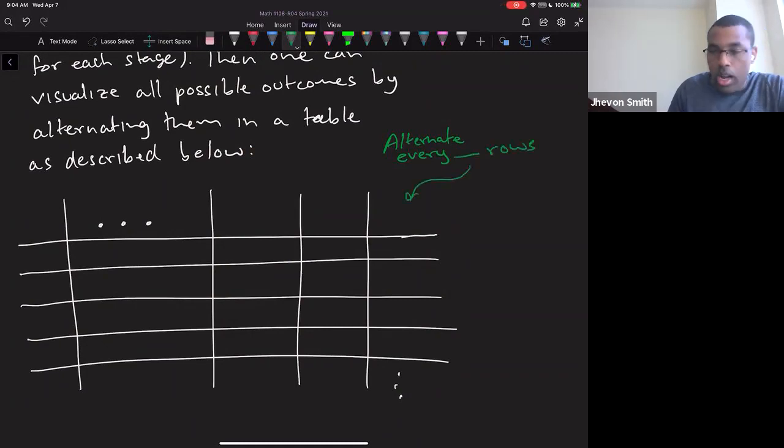So in the first column, which will go from the right, just for traditional reasons, actually, every n to the 0 rows, then every n to the 1 rows, then every n to the 2 rows, and you keep going to every n to the r minus 1 rows.